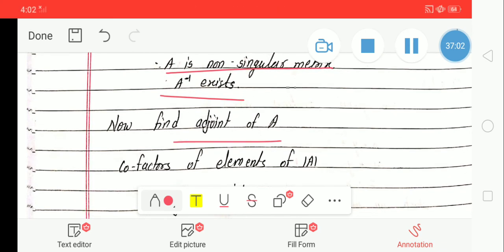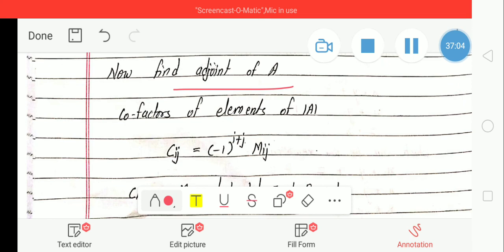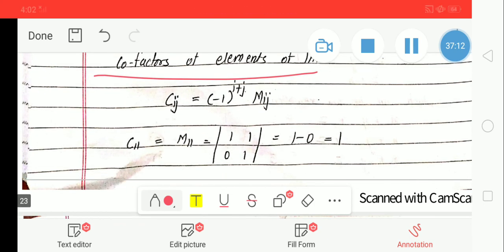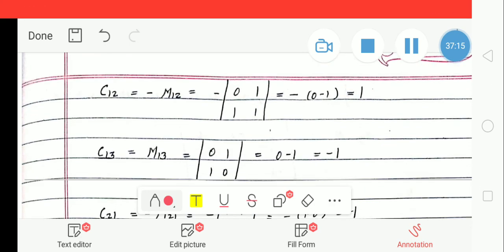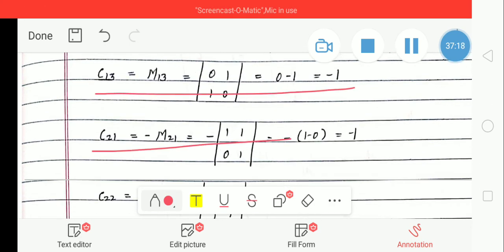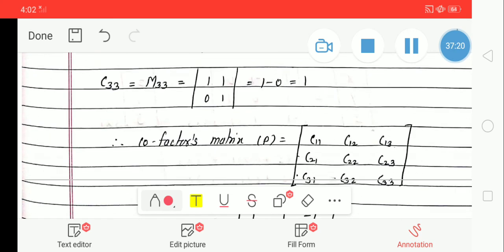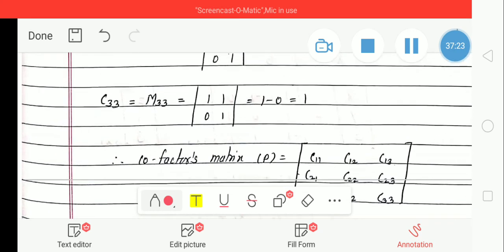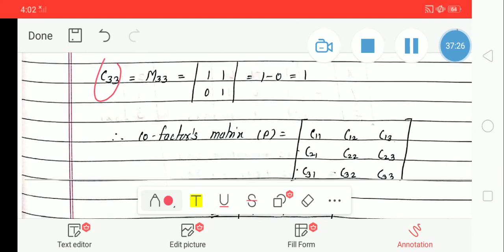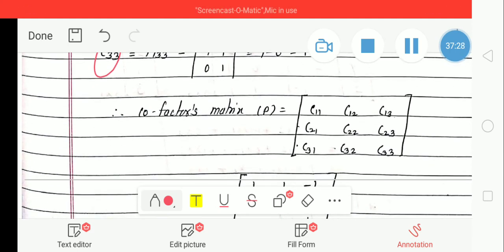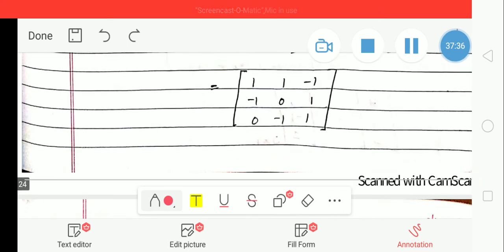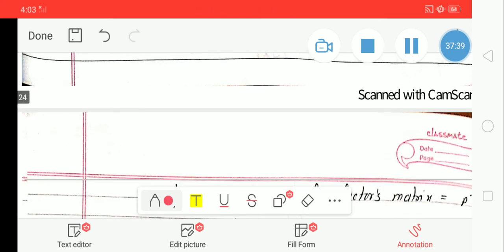Now to find the adjoint of A, we first have to find the cofactors, because the transpose of the cofactor matrix gives the adjoint of A. Now we find the cofactors C11, then C12, C13, C21, C22, and so on. These values of C are the cofactors. So we get the cofactor matrix P. This is the cofactor matrix P.